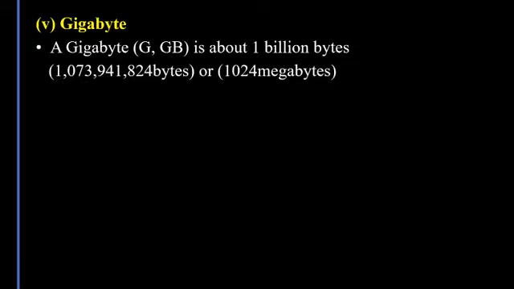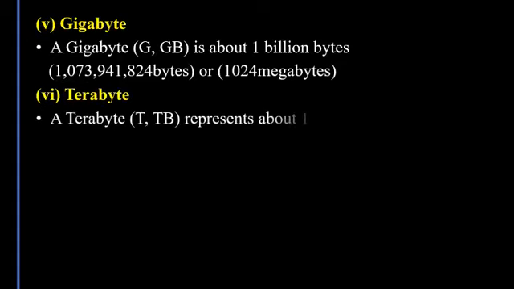Now let's look at a terabyte. A terabyte, or TB, represents about 1 trillion. So when you come from billion, you come to a trillion. So 1 trillion bytes.